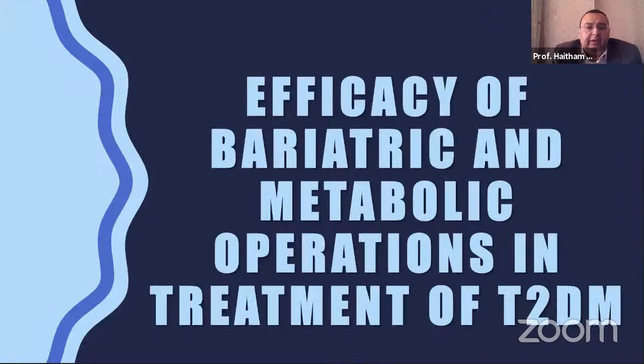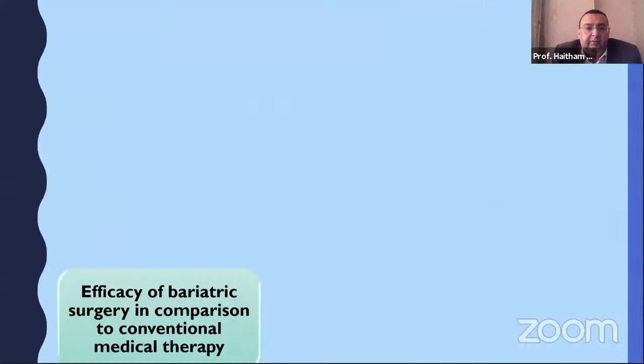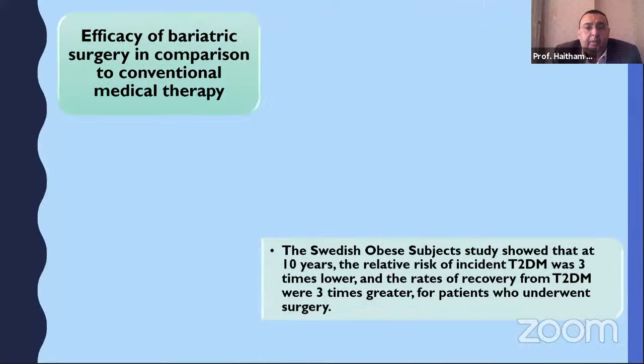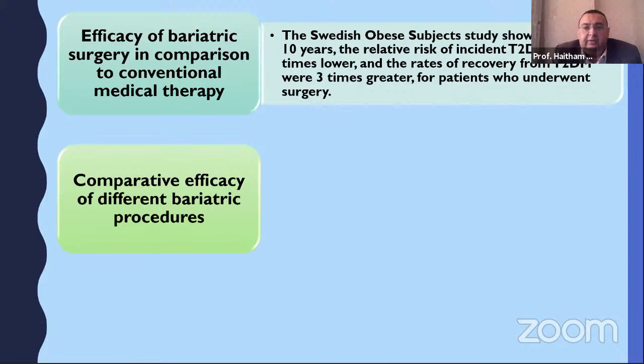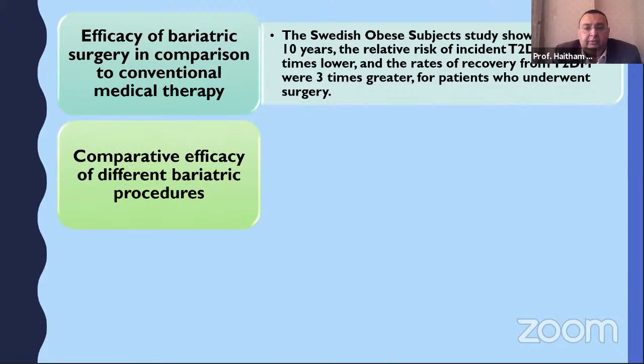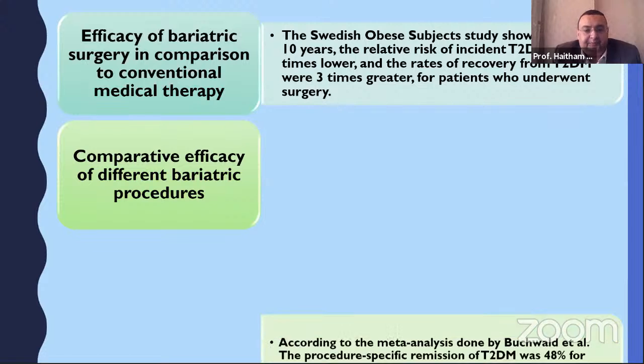When trying to see the efficacy of these metabolic operations in treatment of diabetes mellitus, the Swedish Obese Subjects study showed that at 10 years, the relative risk of diabetes mellitus was 3 times lower, and the rates of recovery were 3 times greater than those of patients who had only lifestyle interventions or medical treatment.